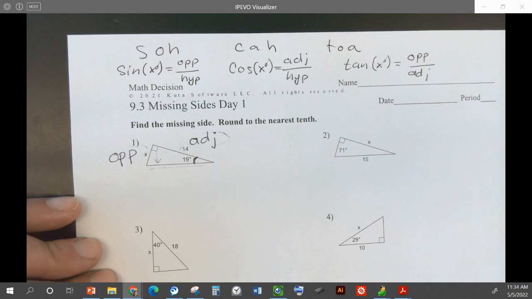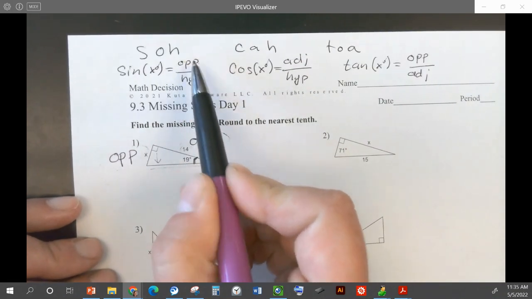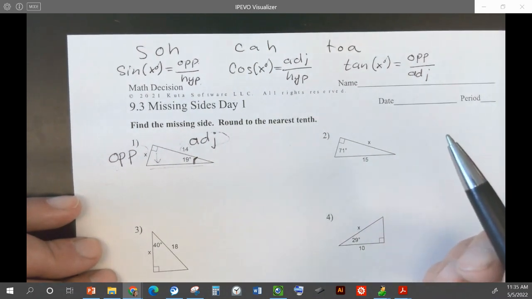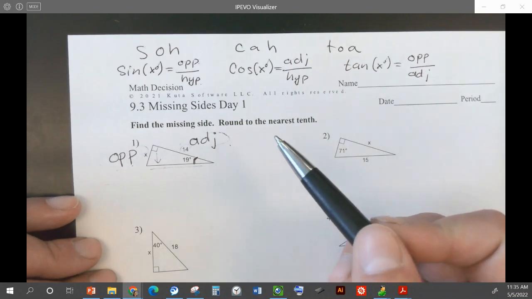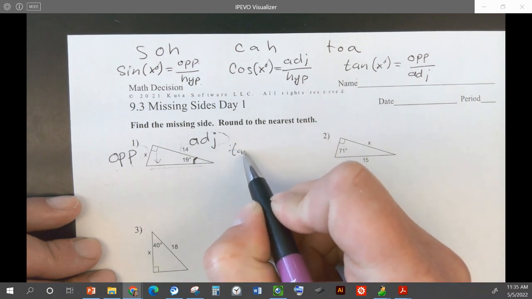Sine relates the opposite and the hypotenuse. So close. It has opposite, but it doesn't have the hypotenuse. So what other one? Opposite and adjacent. Good, tangent.